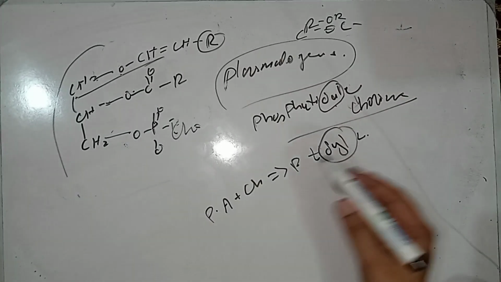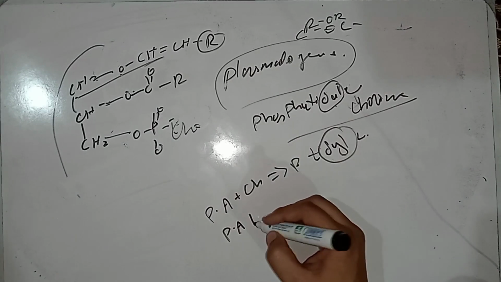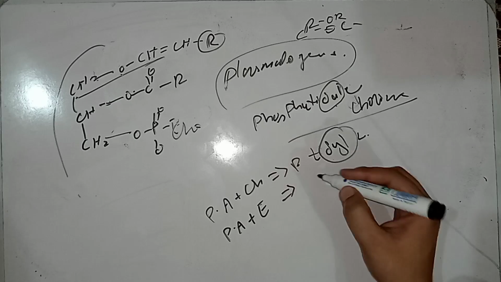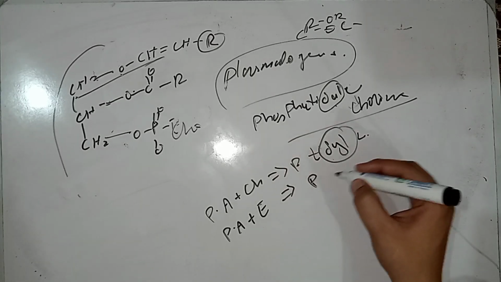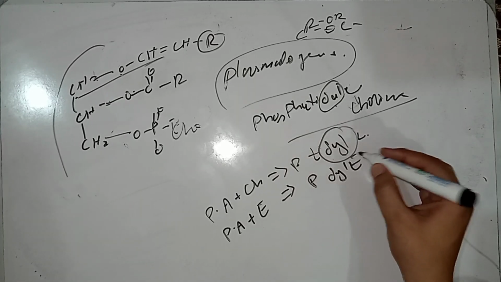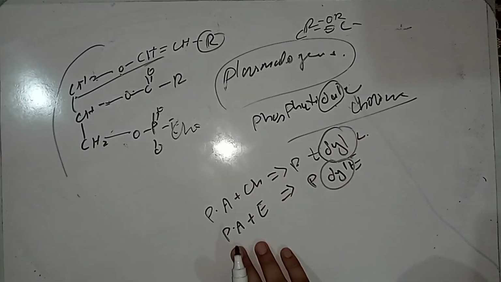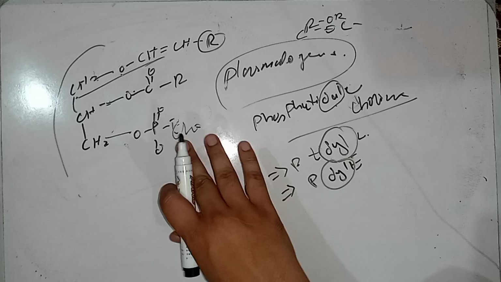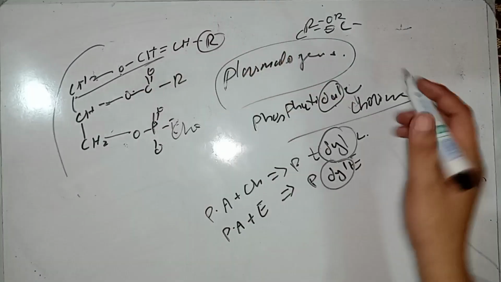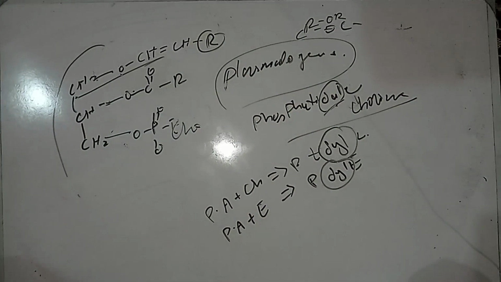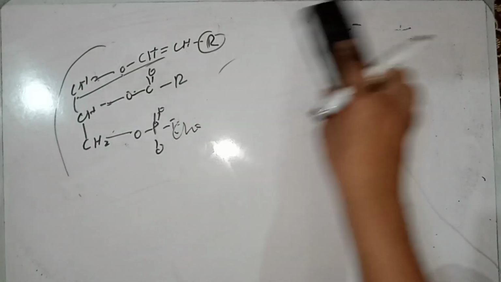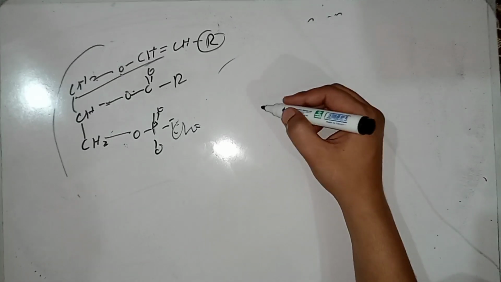So when a base combines with phosphatidic acid, then the suffix 'yl' is used. When an ether linkage is present with an alkene, then 'al' is used. So these are plasmalogens. They basically play their role in the regulation of membranes. They maintain membranes.